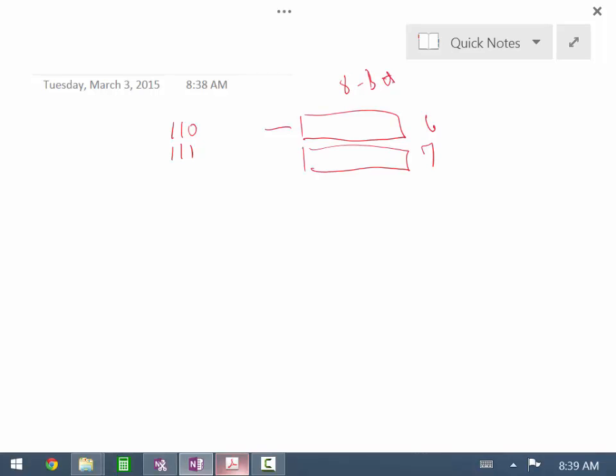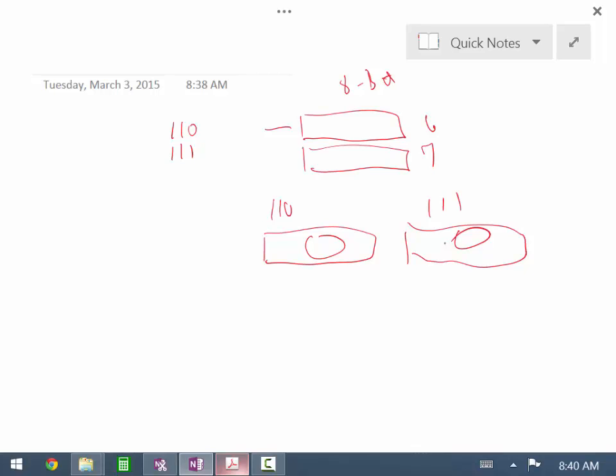The way we've got this configured is that we've got our data 16 bits wide. So this is location 110, this is 111. We address them both, we grab the data at the same time. We're going out and grabbing both this and this.